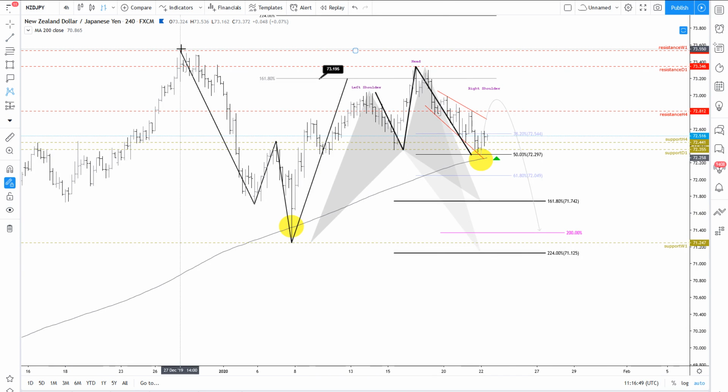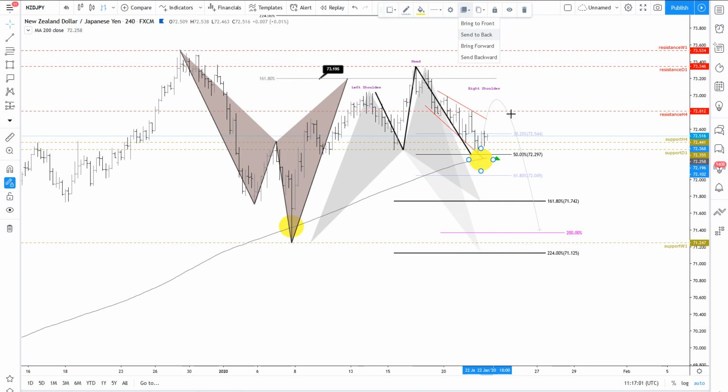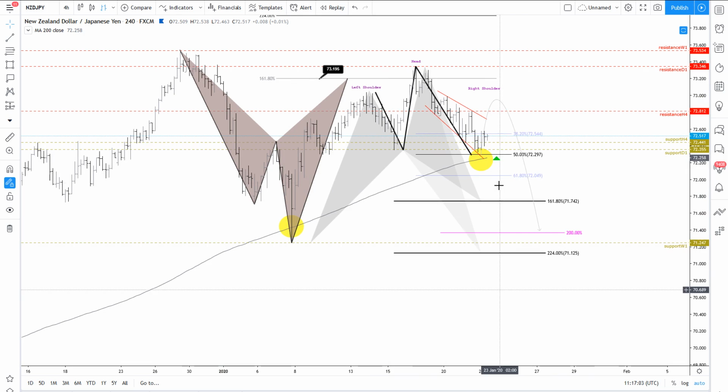Let's draw this pattern here. It has started to fall, and it has already achieved the default target. So basically we see the 50% Fibonacci retracement there.